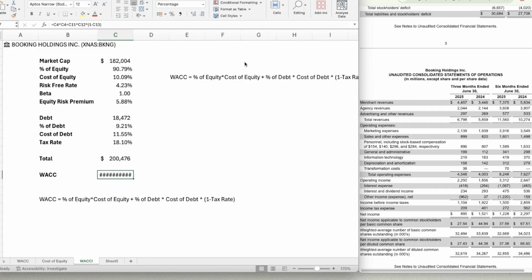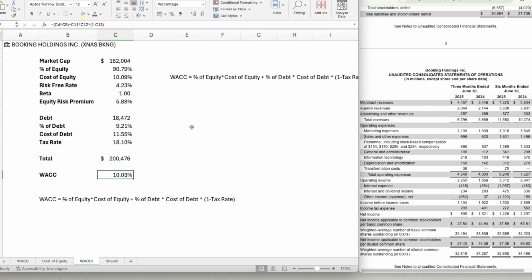And all we have to do is just format. No, that's not right. I've done something wrong. That should be multiplied by C5. There we go, 10.03%. And that's it. We've got the WACC.